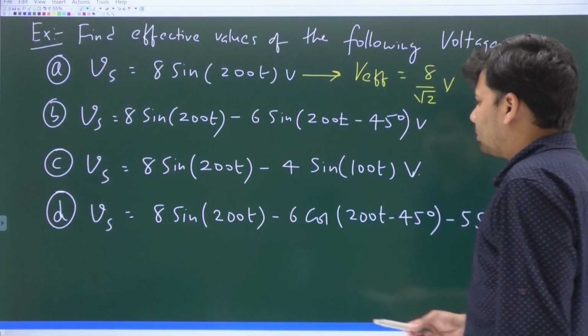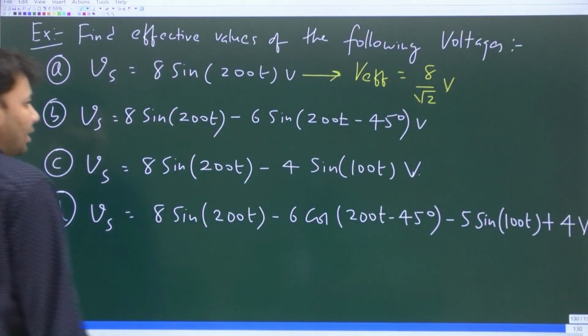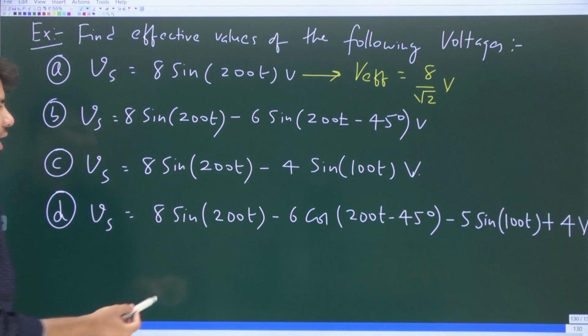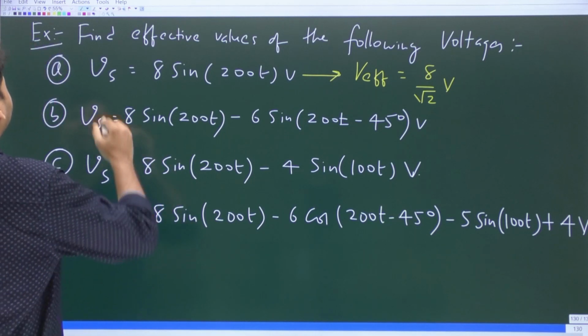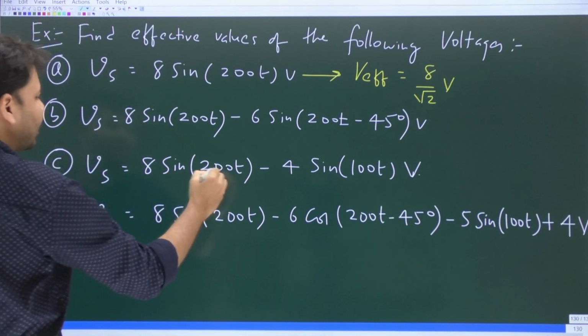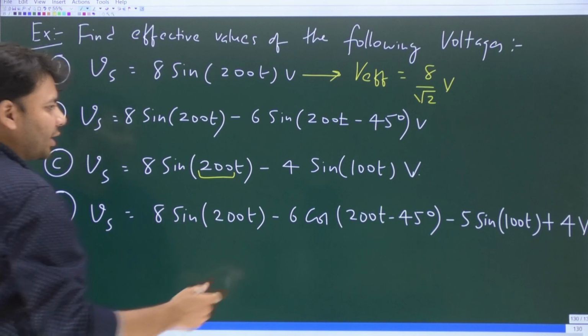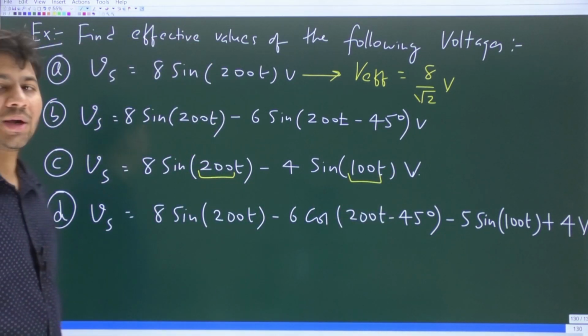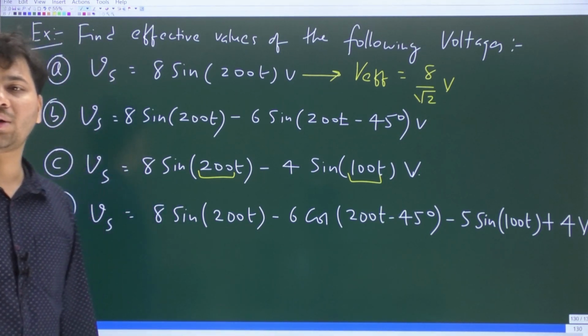Let's go to C part. I think C part is straightforward because again the voltage consists of two components. Look at the first component. Is it not at 200 radians per second frequency? Second component is 100 radians per second. So are we not having two voltage components at two different frequencies?